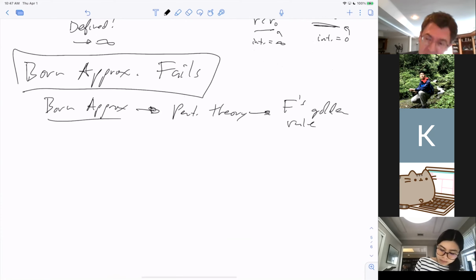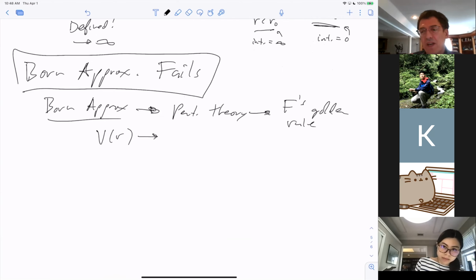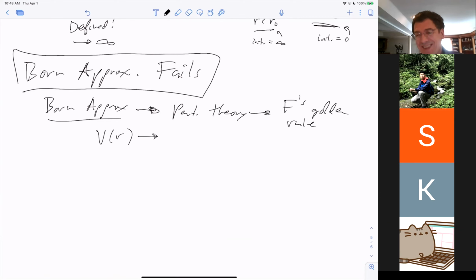And you might have forgotten all the details of Fermi's golden rule and what goes into perturbation theory, but there is an important component of perturbation theory, which is that the perturbation is what? Strong or weak? Tell me. Weak. Yeah, weak.